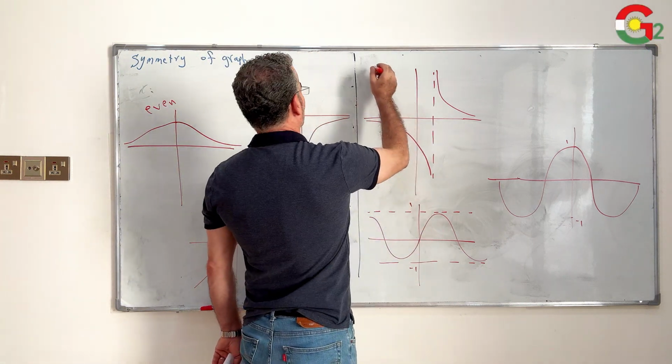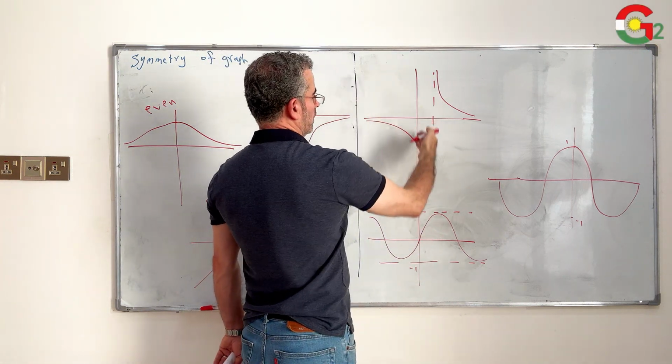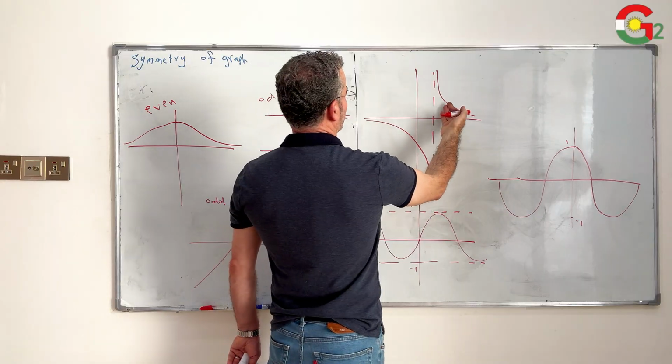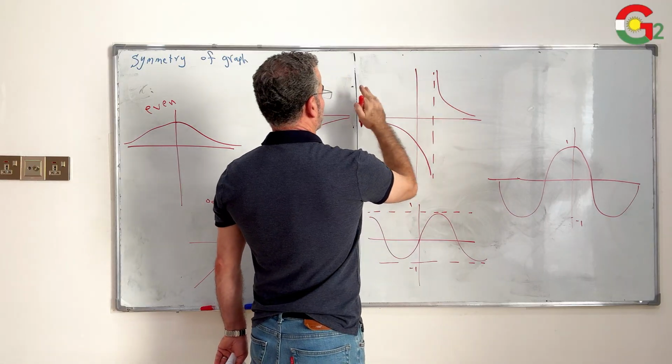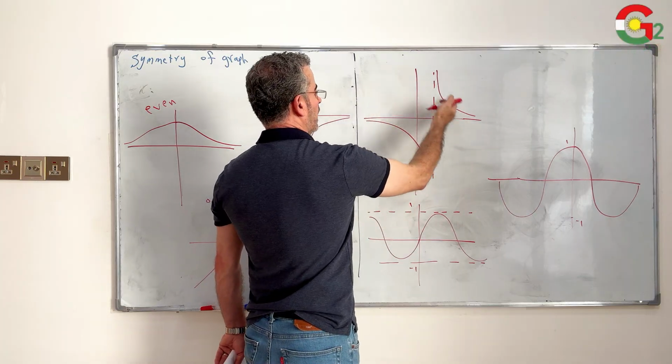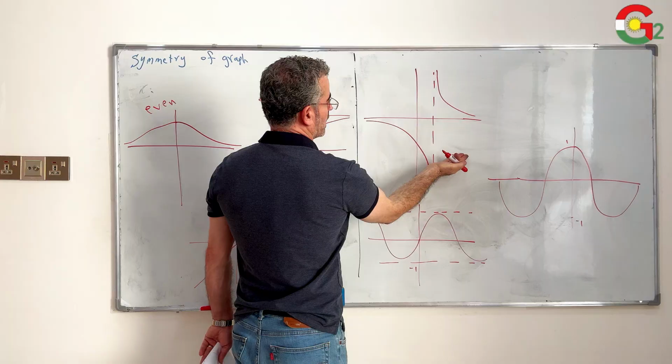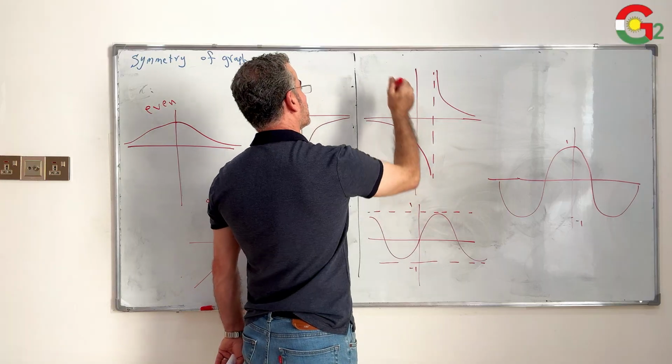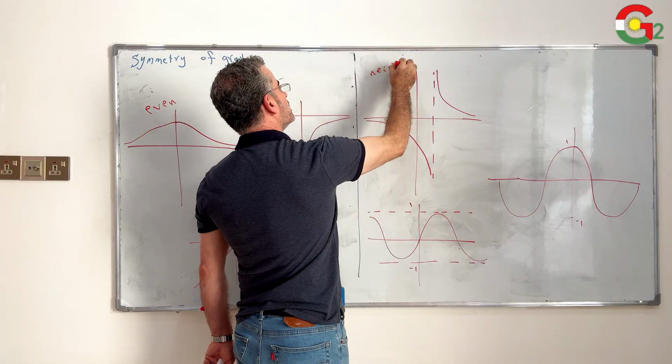For the fourth example, if I flip this half by the y-axis, the two halves do not match, so it is not even. If I flip it by the x-axis and then by the y-axis, it also does not match, so it is neither.